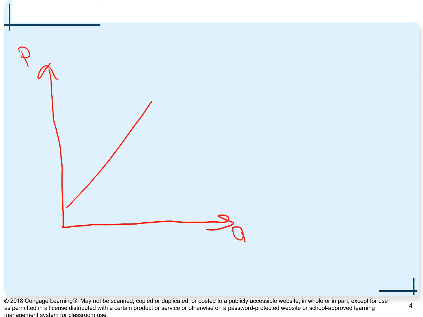And one more graph. So let's suppose that we have, again, a market, I guess this is for our lattes. We have price and quantity, supply and demand, and where supply and demand meet, remember, that's going to be our equilibrium, and equilibrium price is 3, and equilibrium quantity is equal to 15.